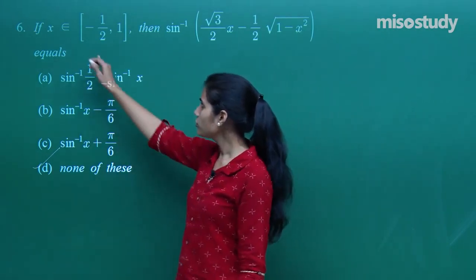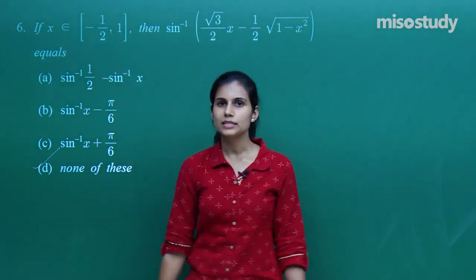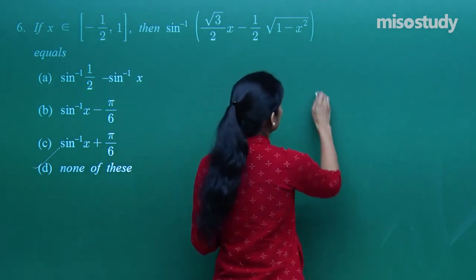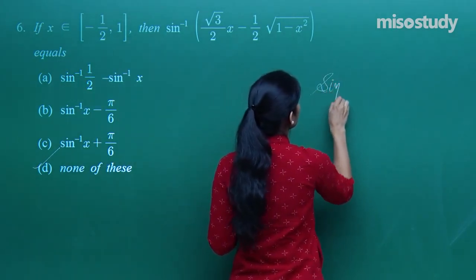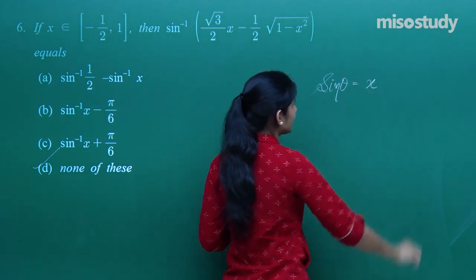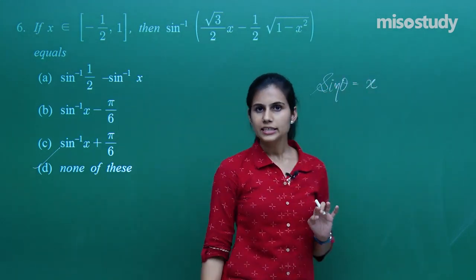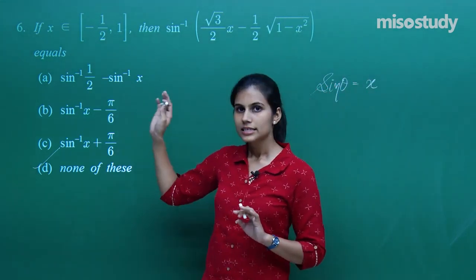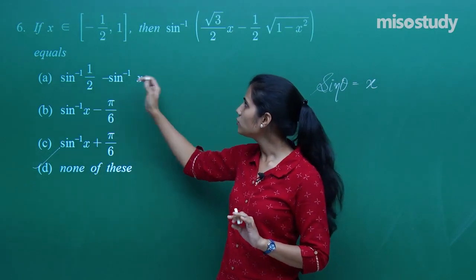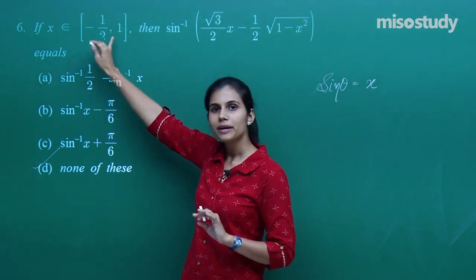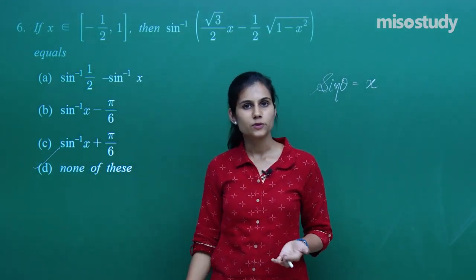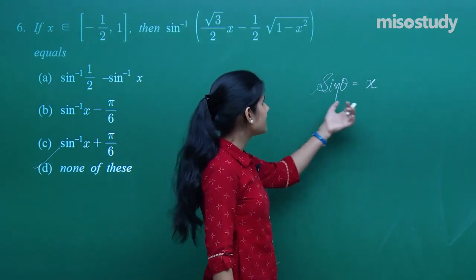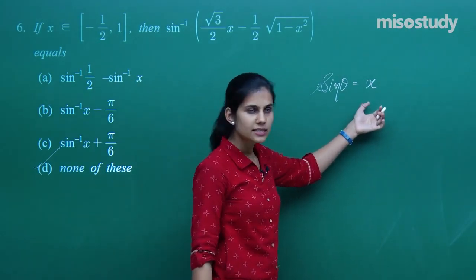So over here what I am going to do is, x is anything lying between minus 1 by 2 to 1. It is very valid to assume that x is sine theta, right? Because sine theta lies between minus 1 to 1, so obviously minus 1 by 2 comma 1 is contained in the minus 1 to 1 closed interval. I can very easily assume that sine theta is x.